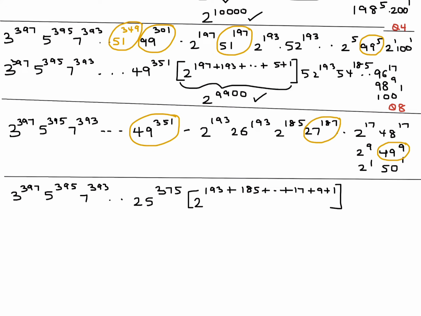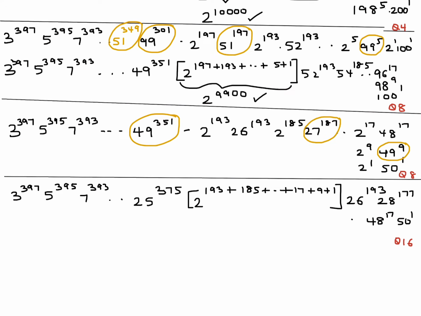And then, of course, you got all these guys. The ones with the even bases, 26 to the 193, and then 28 to the 177. And then all the way down to 48 to the 17, and then 50 to the 1. So we are now actually in a Q16 situation. Up here we were still Q8. Yeah, we were still Q8 there.